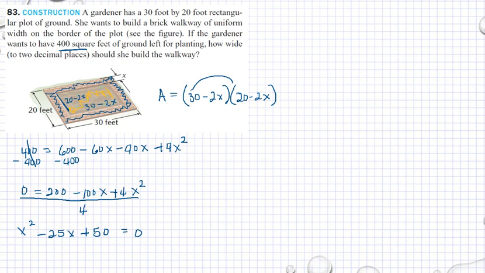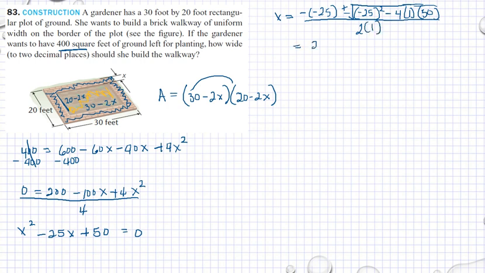We're going to solve for x by the quadratic formula. Then we have x equal to negative b, which is 25, plus or minus the square root of negative 25 squared minus 4 times a, which is 1, and c, which is 50, divided by 2 times 1.